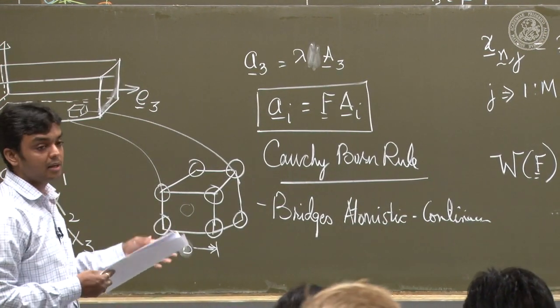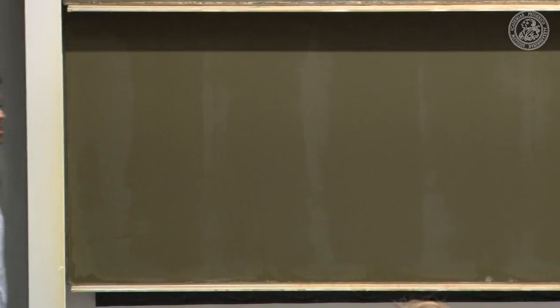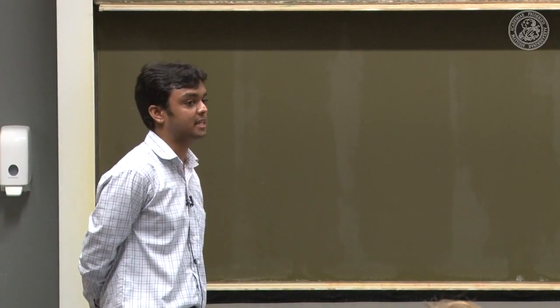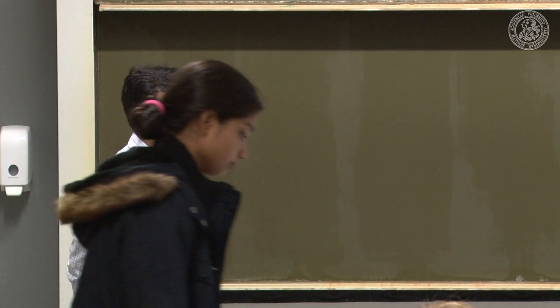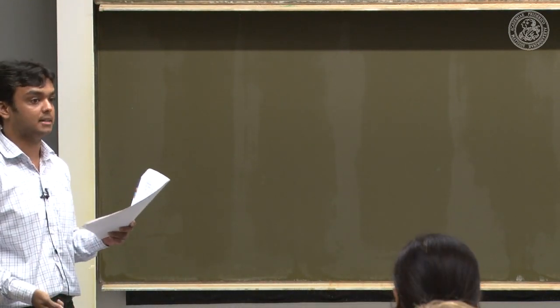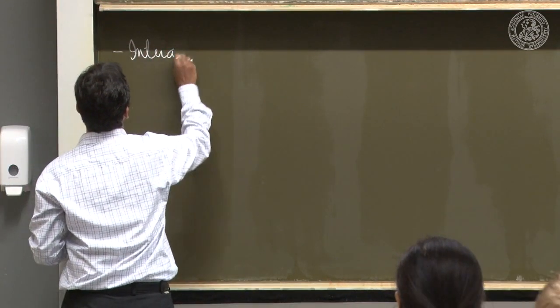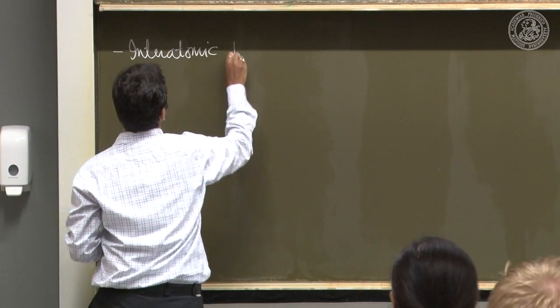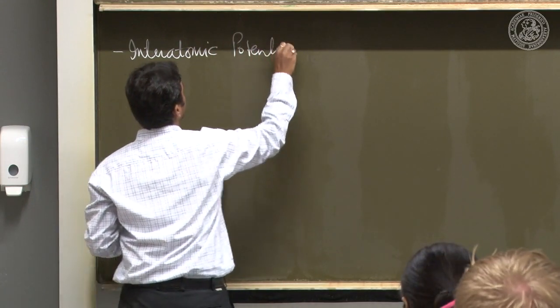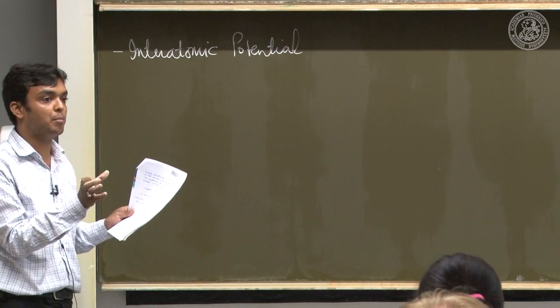Now, as to how to evaluate this unit cell energy, we should know some interatomic potential, which determines the energy of the bonds.